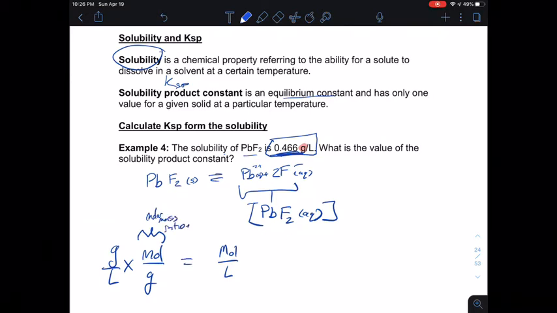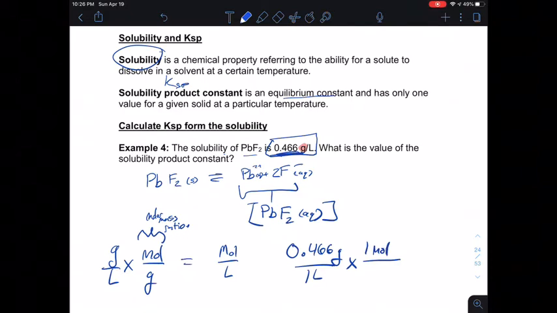So that's a grade 11 skill coming back to hopefully not haunt you, but we'll see. I'm going to take that 0.466 grams per 1 liter, and multiply that by a ratio of 1 mole of this chemical. So this chemical is lead, which I believe is 207.